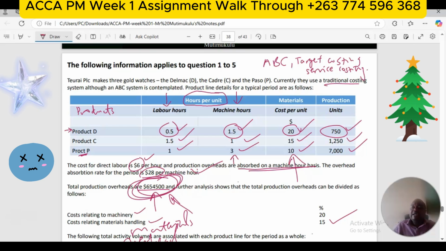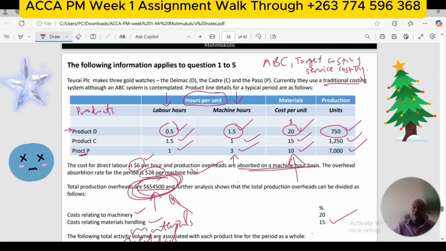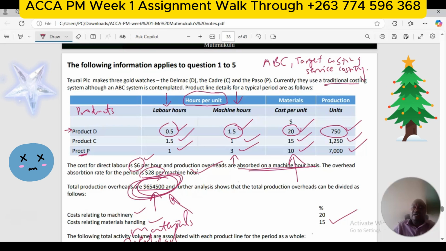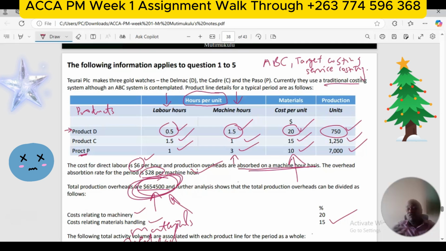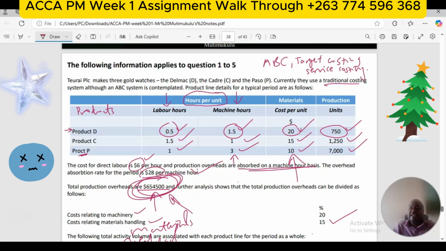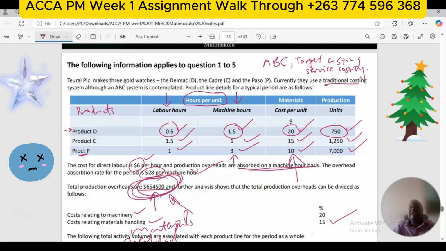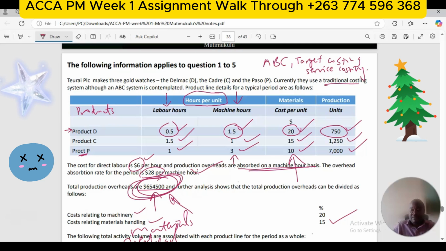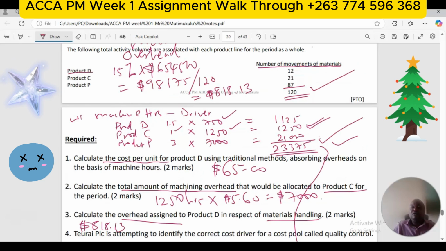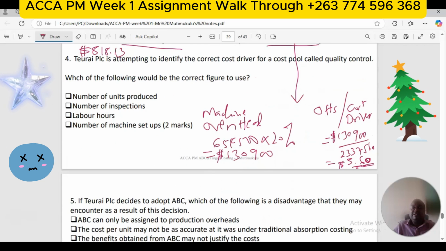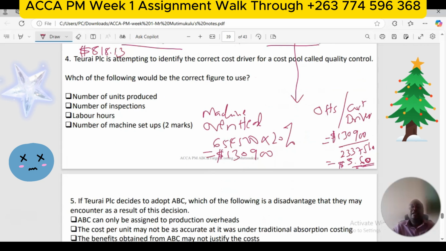So we cannot multiply the material movements by the number of units produced. We'll end up having an inflated figure. Instead, we are only going to determine the material handling cost in terms of the number of movements.